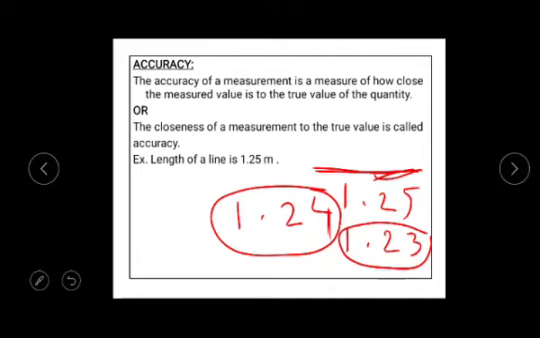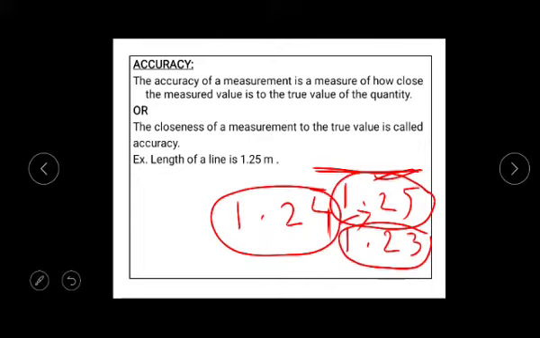Definitely 1.23 and 1.24 both are close to this 1.25, so accuracy is high. So what is accuracy then? The closeness of a measurement to the true value. So how close the measured value is to the true value, that is called accuracy.